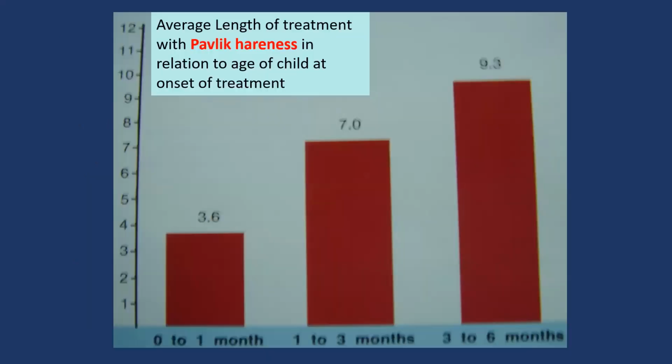This tells you the pathogenesis in relation to age of the child at the onset of treatment. How long do they take? At 1 month, they take around 3 to 4 months. At 1 to 3 months, 7 months. And at 3 to 6 months, 9 months. So you have to pay attention to this.